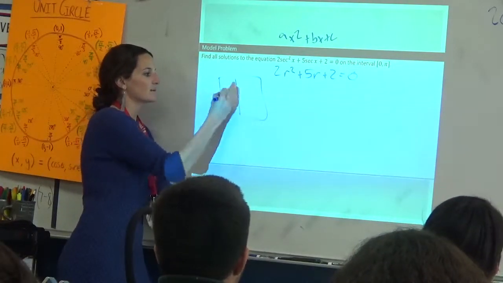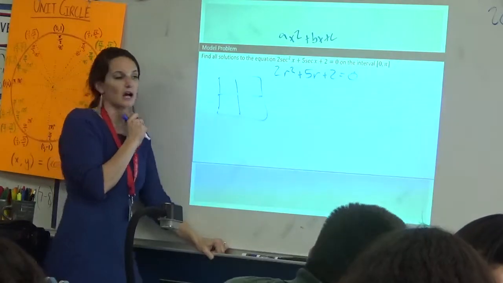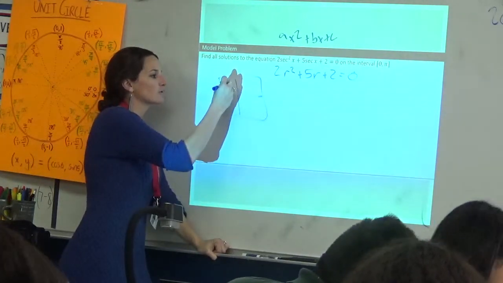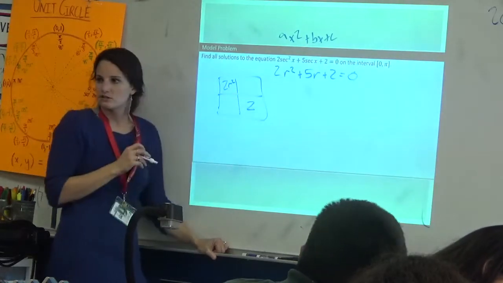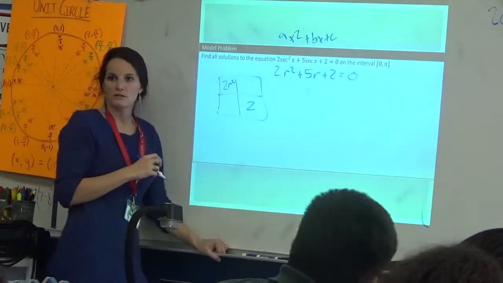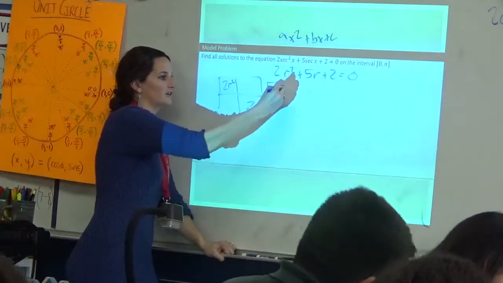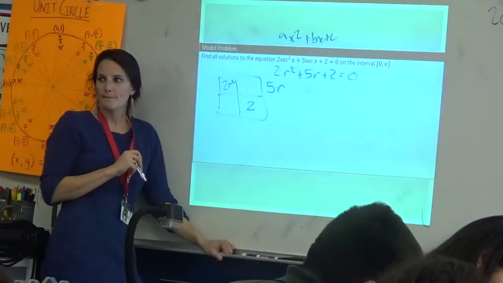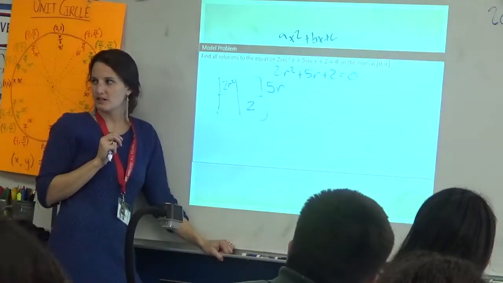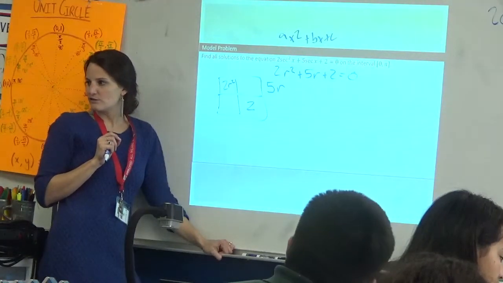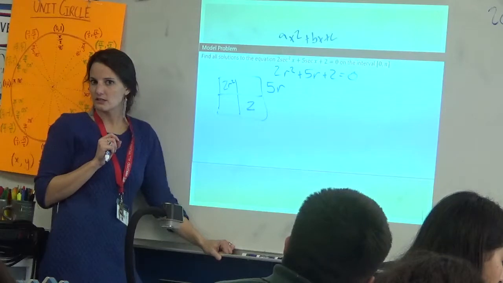So then I'm going to cruise through this box with you to save us some time. We'd put 2r squared in the first box, 2 in the bottom box, 5r out here. And we're looking for two things that I can add up to give me 5r that have to multiply to what?